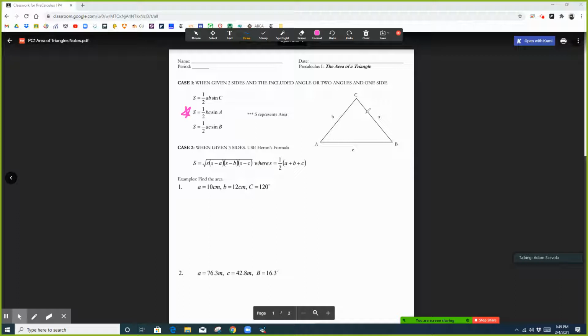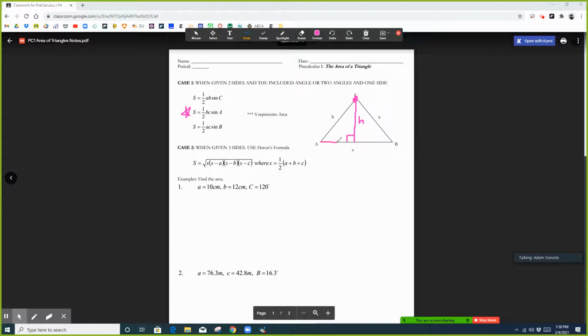All right, so the reason why this formula works is it's just 1/2 base times height. And you sort of see that there with the 1/2. But where's the height part? Well, if I were to draw this height, now remember, another word for height is altitude. By definition, it's the distance from a point on a triangle, perpendicular to the opposite side.